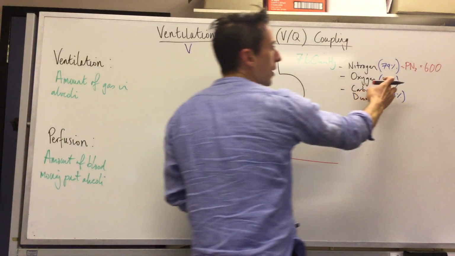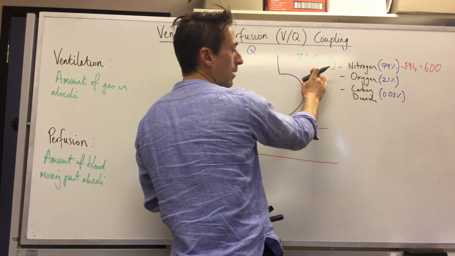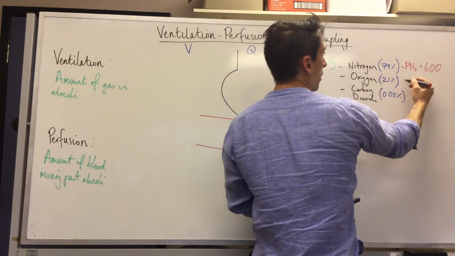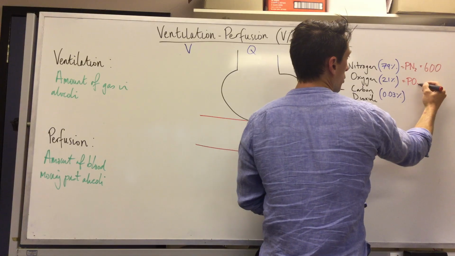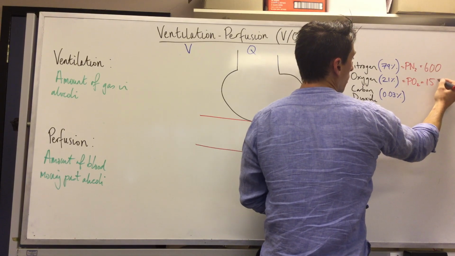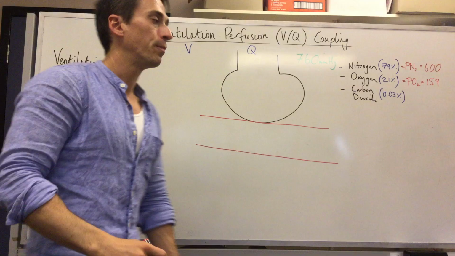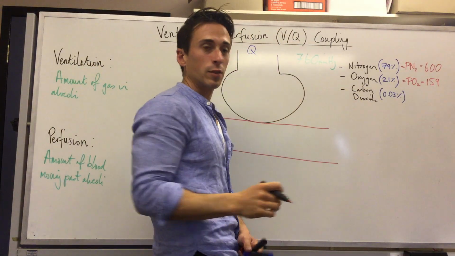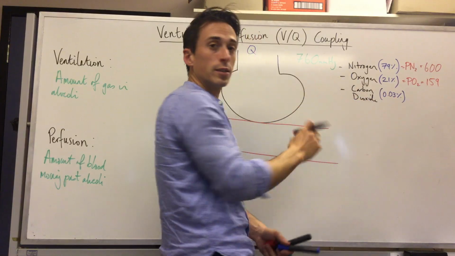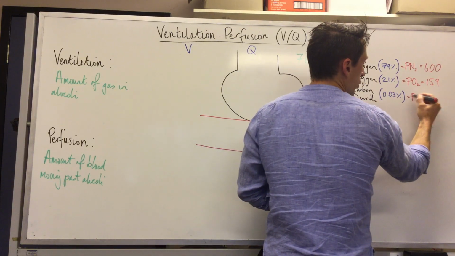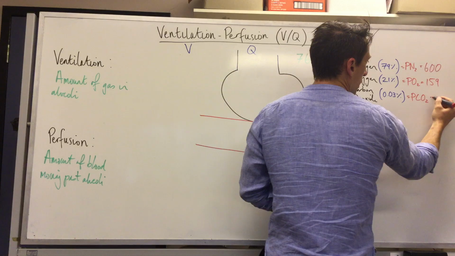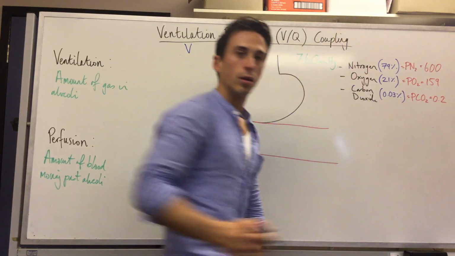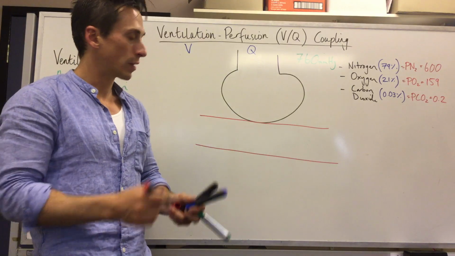If we were to calculate the partial pressure of oxygen in the atmosphere, 21% of 760 is around about 159 millimeters of mercury. If we were to calculate the partial pressure of carbon dioxide in the atmosphere, 0.03% of 760, you'll find that the partial pressure of carbon dioxide is around about 0.2 millimeters of mercury. Okay?